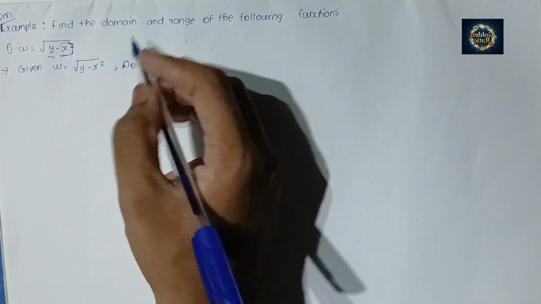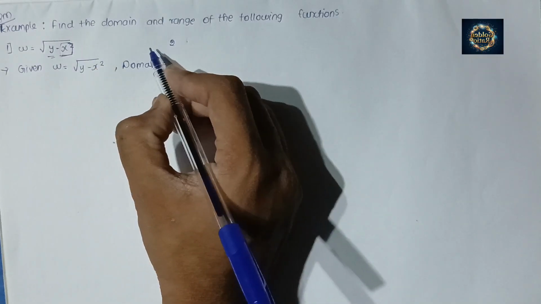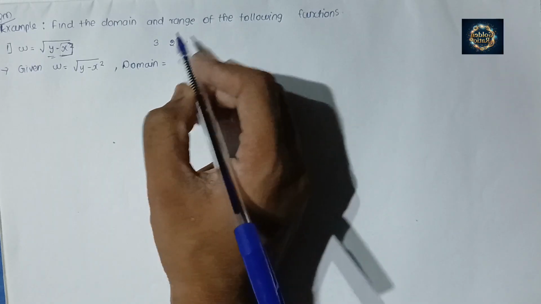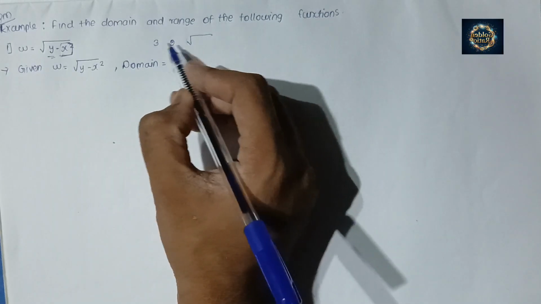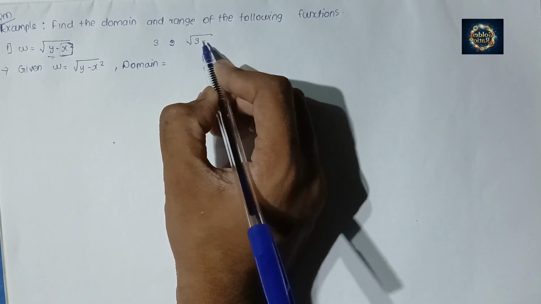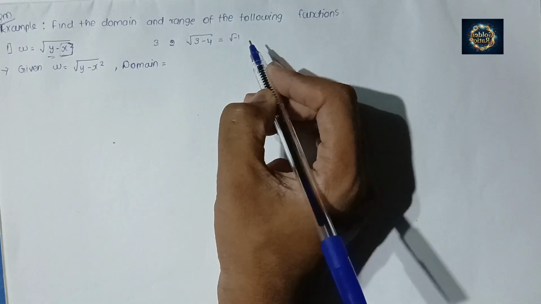Okay, if we consider x as 2, and y I am giving as 3. So the square root of y, which is 3, minus x square, where x is 2 and 2 square is 4. When we subtract the two, we get a negative sign.